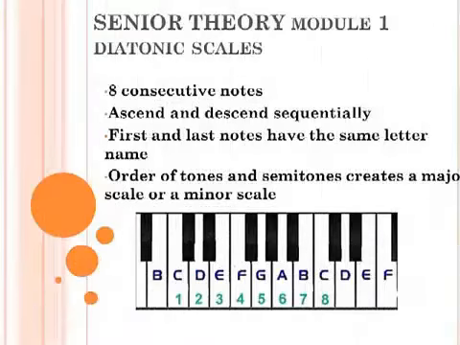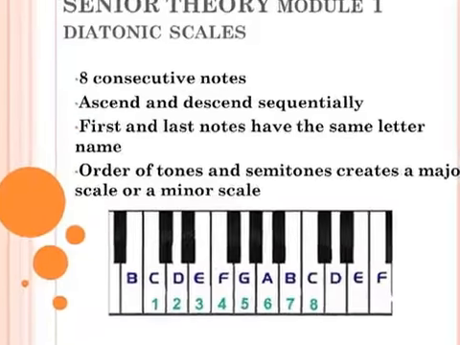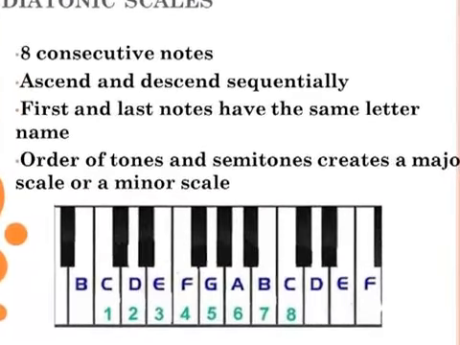In senior theory, we're really just applying the final touches to your theory knowledge. As you'll notice with this module, we'll be reviewing previously learned concepts and then building on those. Let's begin by reviewing the diatonic scale. The diatonic scale is 8 consecutive notes arranged in alphabetical order.